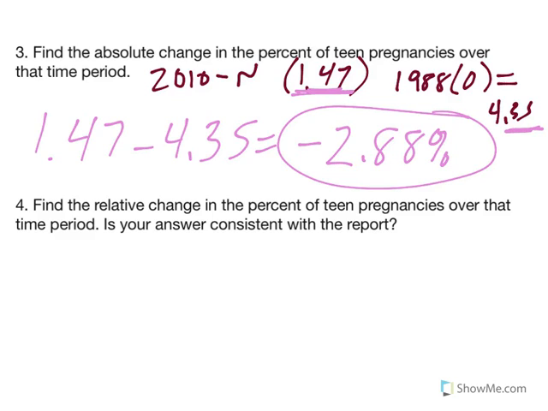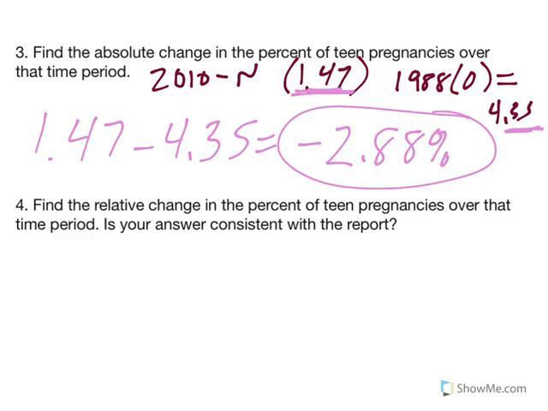So when we talk about the negative 2.88, it means 2.88 fewer pregnant teens out of 100 from 1988 to 2010 would result in abortion. It's kind of hard to get your mind wrapped around, but hopefully talking about it in terms of, if you have 100 girls in a room, how does that look, right? 2.88 fewer of them would result in abortion.